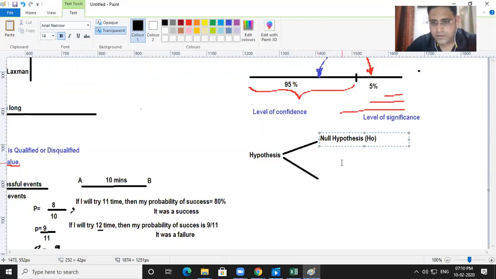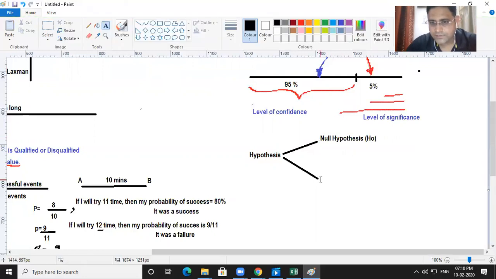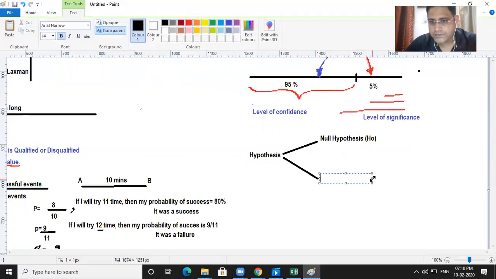And when I'm challenging it, when I'm trying to test it, then it is known as my alternative hypothesis, which is denoted by HA.